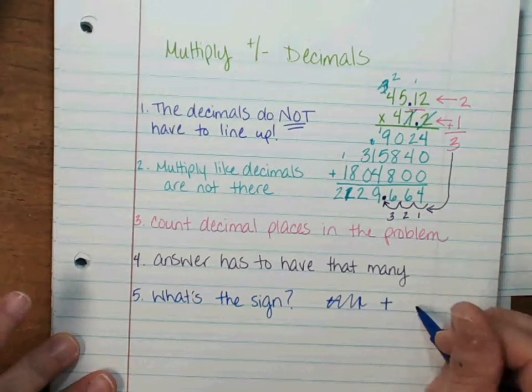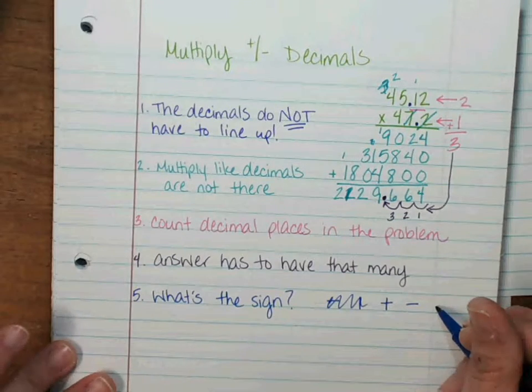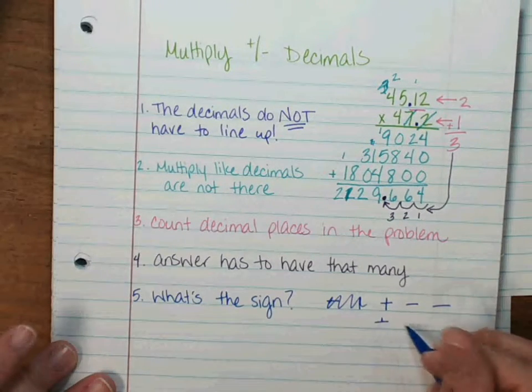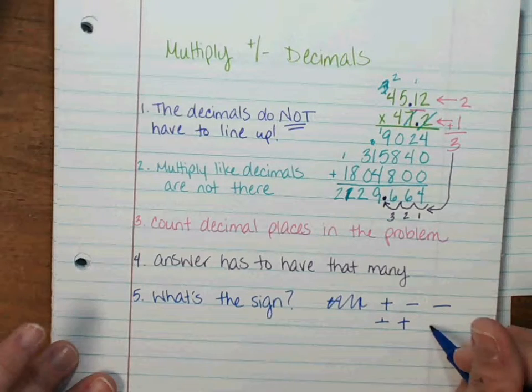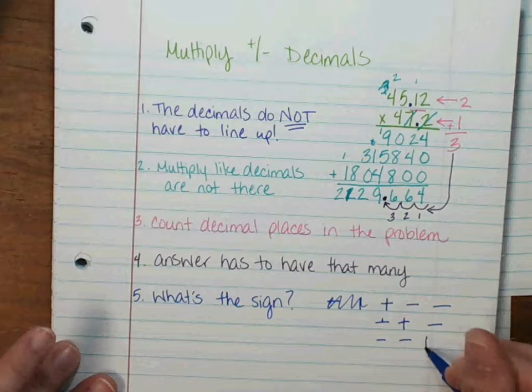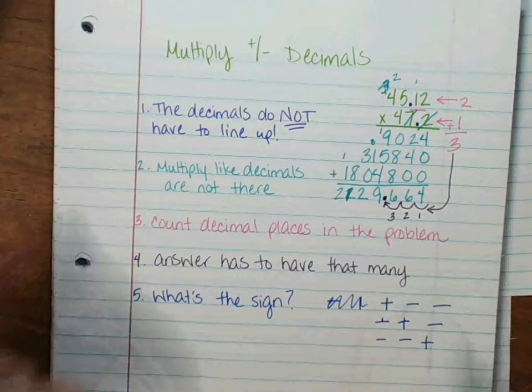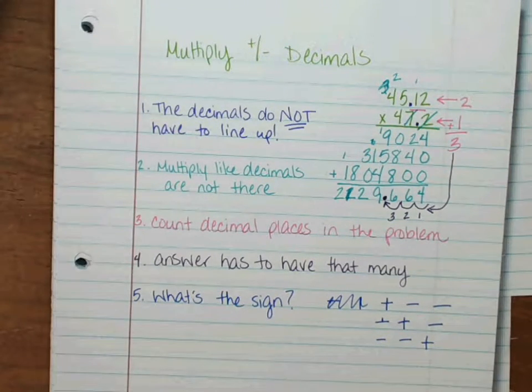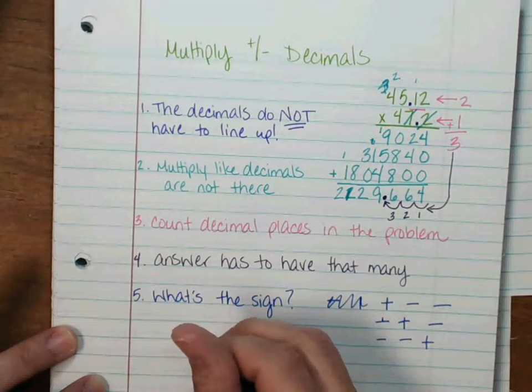A positive times a negative is a negative, and a negative times a positive is a negative, and a negative times a negative is a positive, so you have your positive diagonal. Or, like in the song we just watched, if the signs are different, it's negative. If the signs are the same, it's positive. Same signs, positive. Different signs, negative.